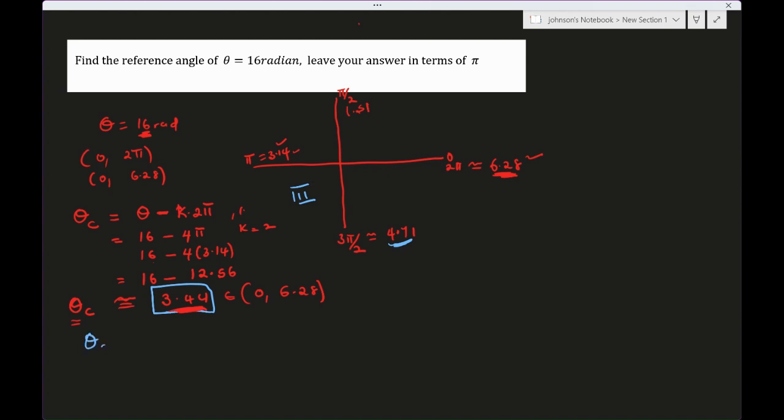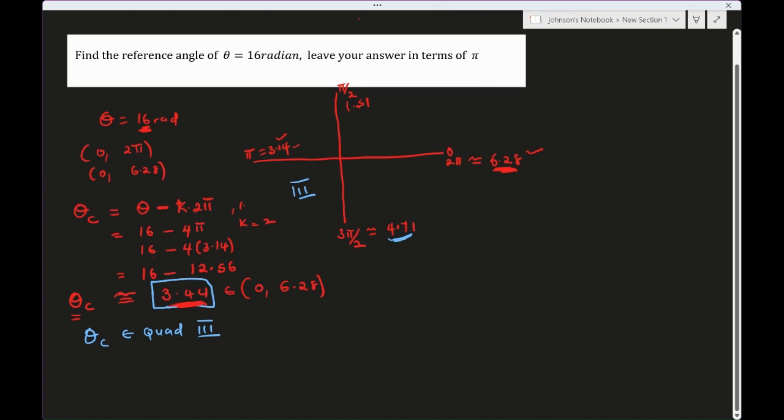So it means that our coterminal belongs to quadrant 3.